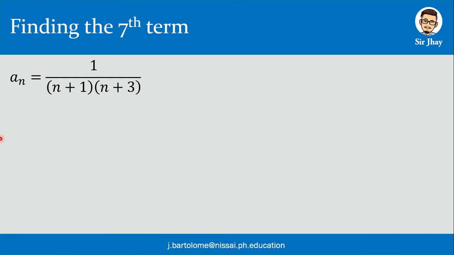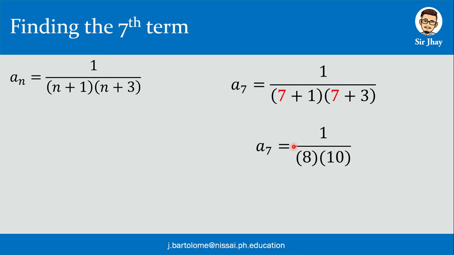Let us substitute n by 7. So we have a sub 7 equals 1 over 7 plus 1 times 7 plus 3. 7 plus 1 gives us 8, and 7 plus 3 gives us 10. Multiplying the denominator, a sub 7 is equal to 1 over 80.